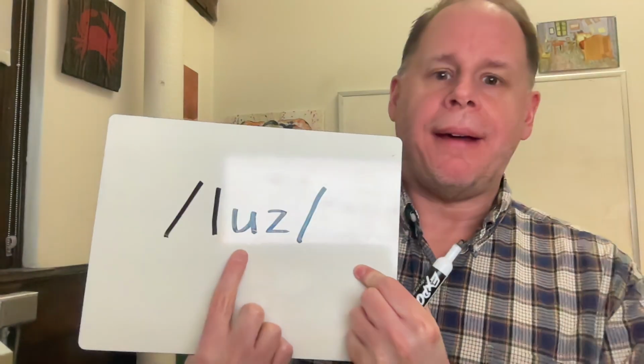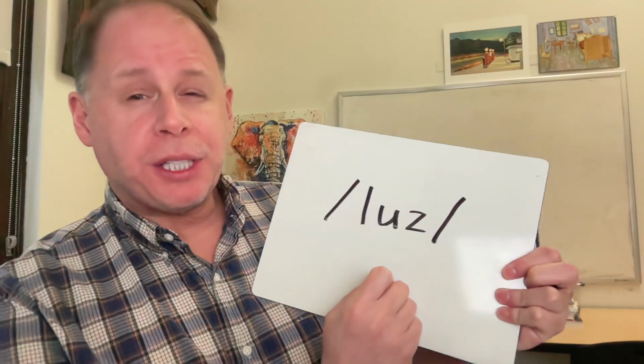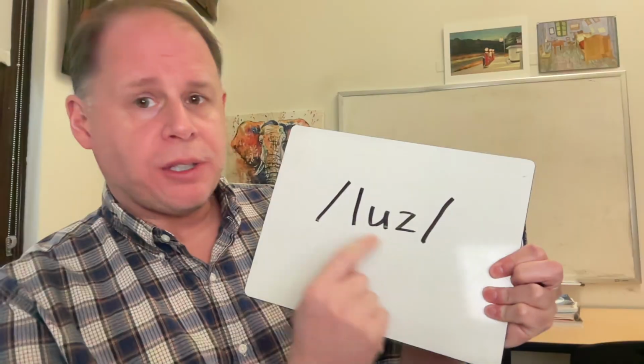Be sure that you have that descender over here, okay? And even though it's spelled with an S, we pronounce it with a Z. And be sure to include those slashes always for broad transcription.